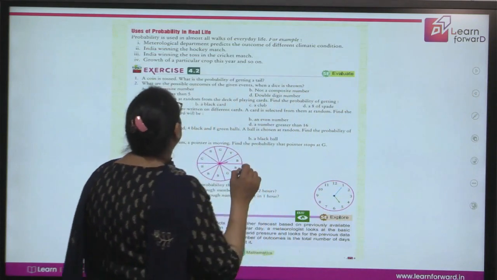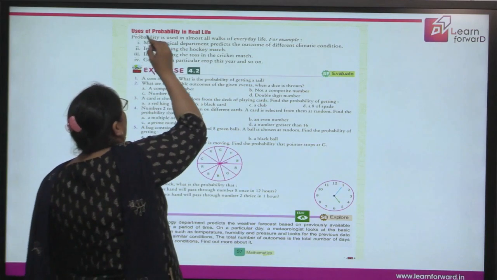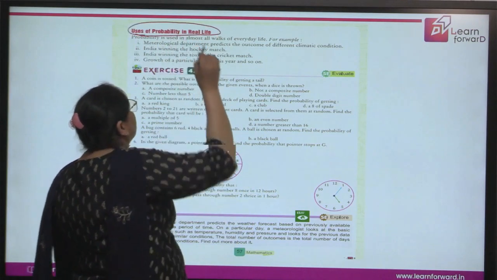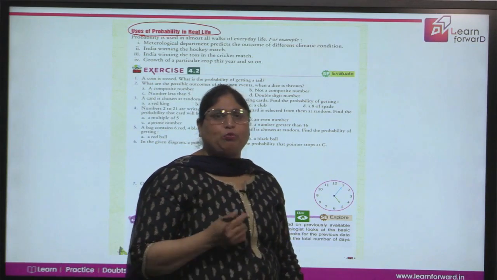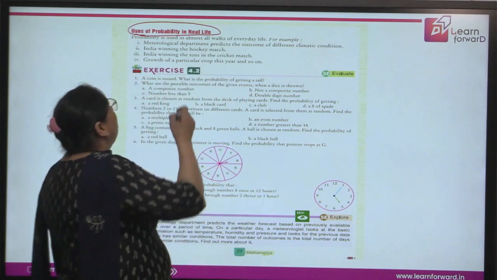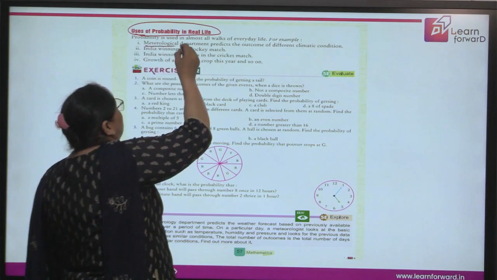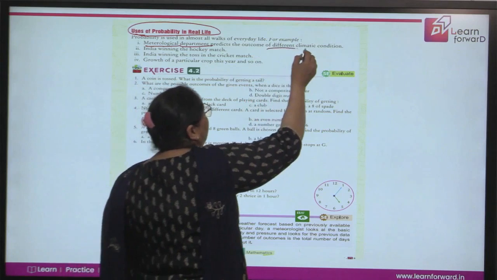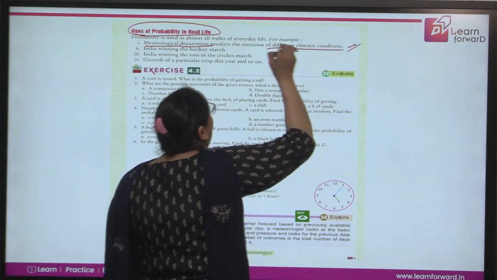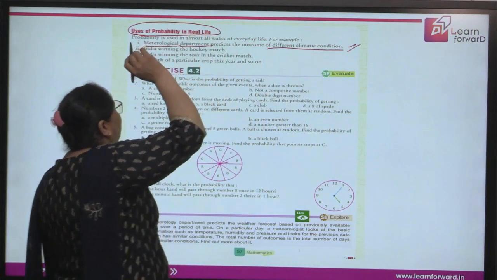Now, uses of probability in real life. You must be asking, ma'am, why we are doing probability and what is the use of probability in real life? Meteorological departments predict the outcomes of different climatic conditions using the phenomena of probability.